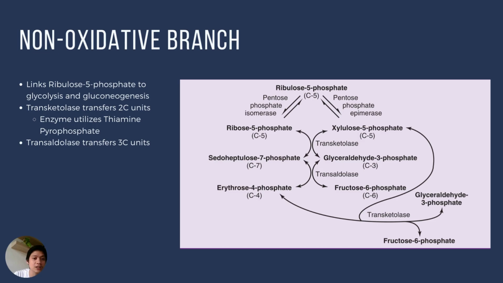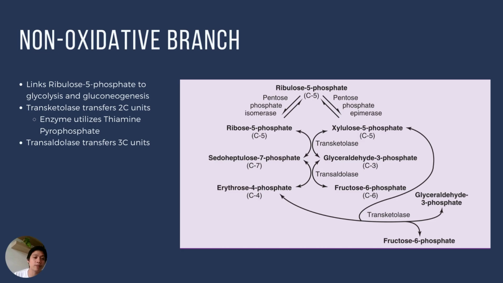Remember that transaldolase catalyzes transfer of 3 carbon units. Okay? So, the 7-carbon unit of pseudoheptulose will lose 3 carbons and transfer it to glyceraldehyde.